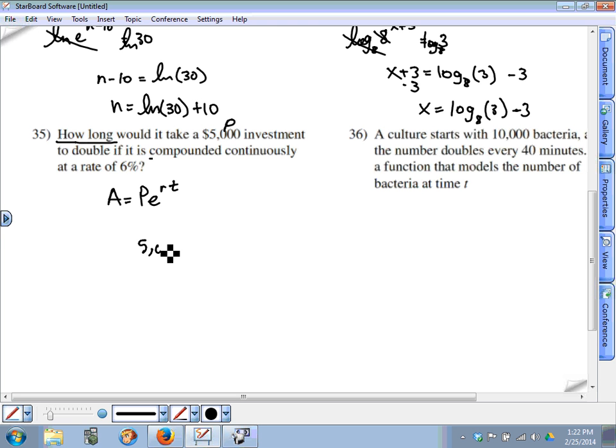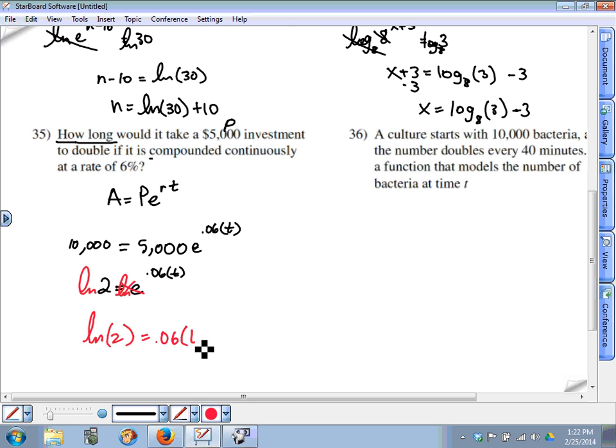Now, the principal is 5,000. The rate is 0.06, and we are trying to find out how long it's going to take to double. So 5,000 is going to become 10,000. If you divide by 5,000 on both sides, you get 2 is equal to e to the 0.06 times t. If you use natural log here, you can have the natural log of 2, and those natural log and e are inverses.